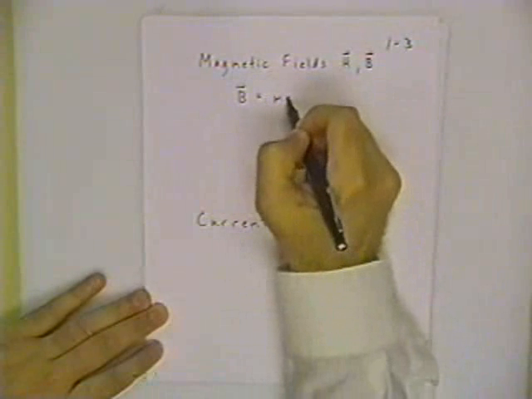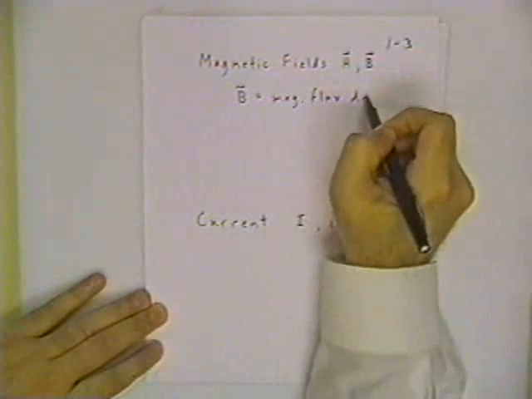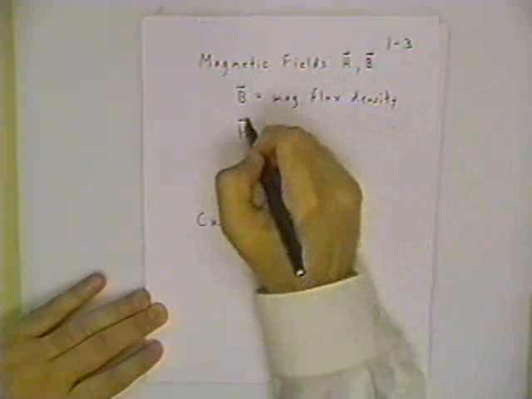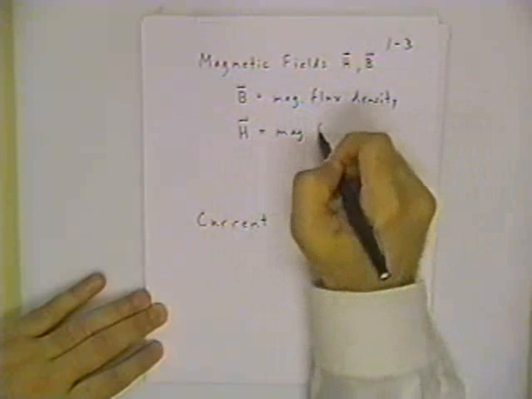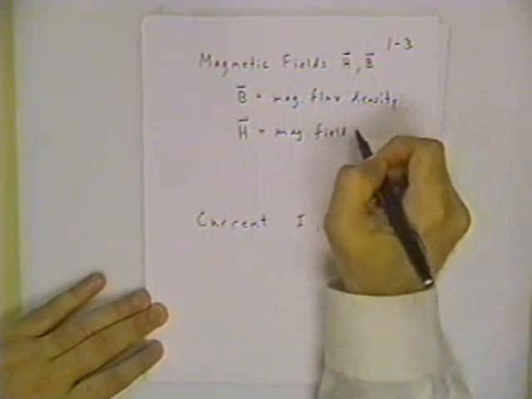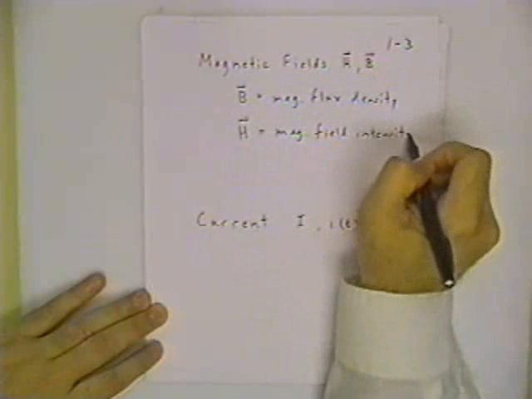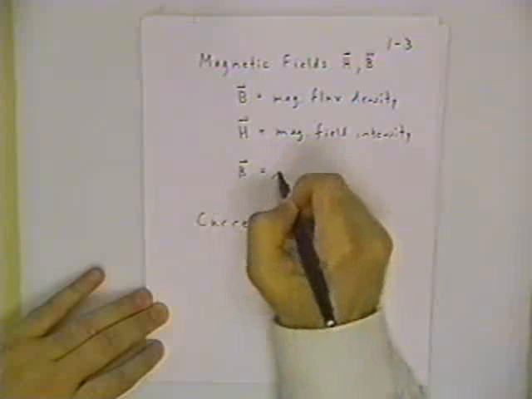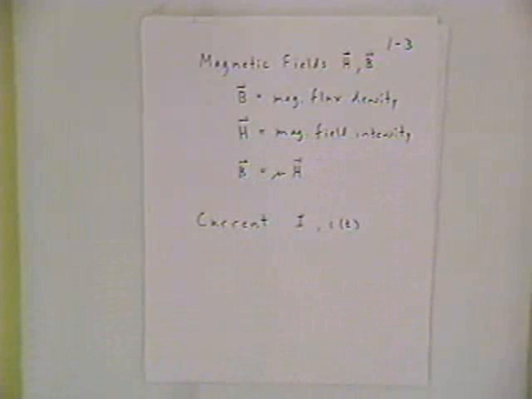B is called the magnetic flux density. H is related to it by a constant and is the magnetic field intensity. And there's a relationship between them that says B is just a multiple mu times H.